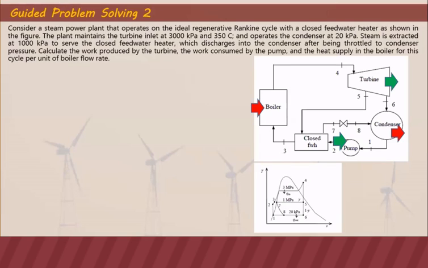Steam is extracted at 1000 kilopascal to serve the closed feed water heater, which discharges into the condenser after being throttled to condenser pressure. Calculate the work produced by the turbine, the work consumed by the pump, and the heat supply in the boiler for the cycle per unit of boiler flow rate.